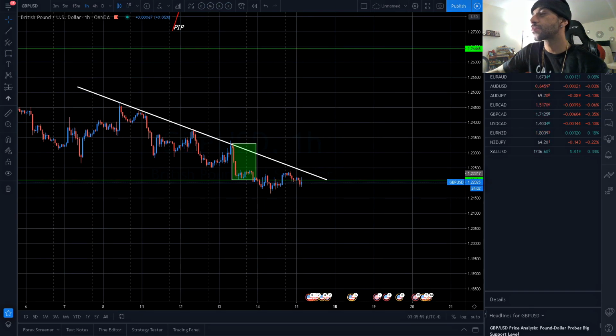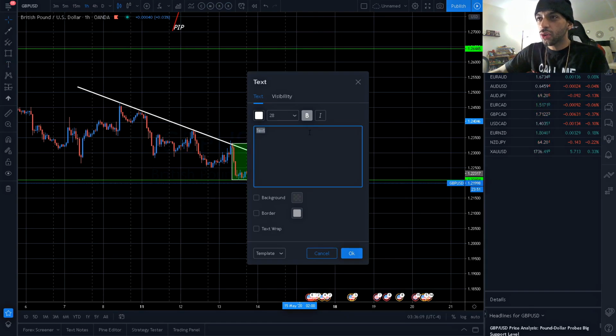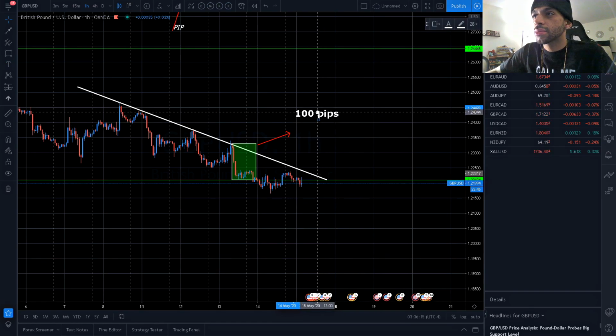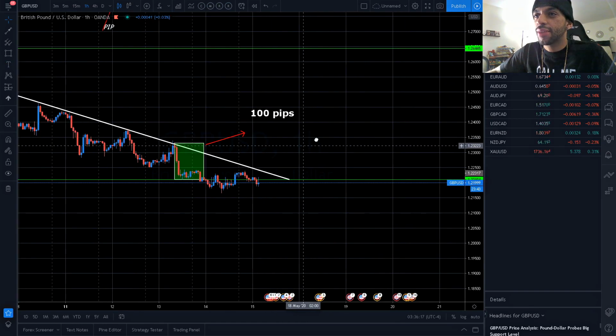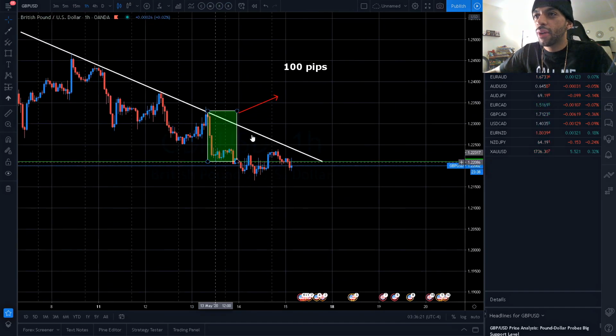Well, look, if we're trading, okay, and we caught 100 pips, where's my text tool? So if we would have caught 100 pips, all right, on this trade, simply this is how this would have looked, okay? This right here is 100 pips. This is how this would have looked.